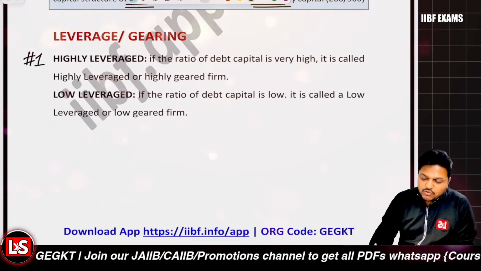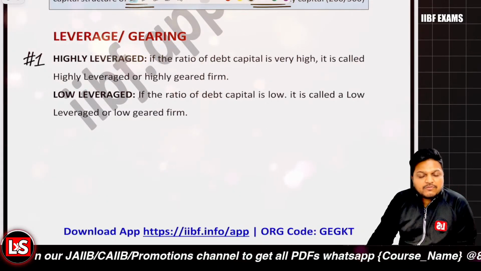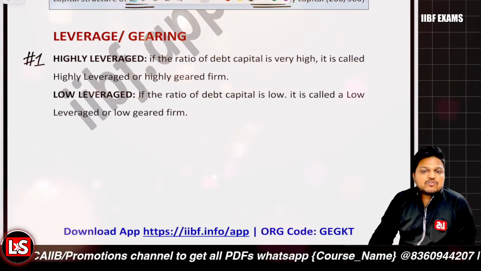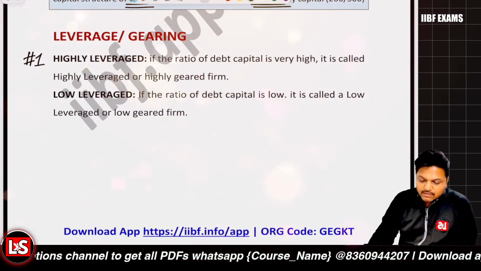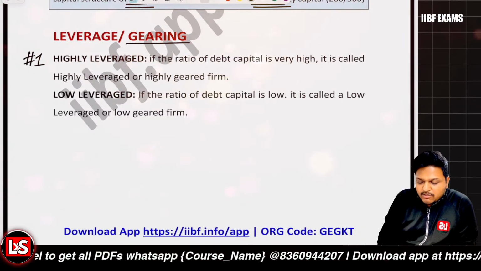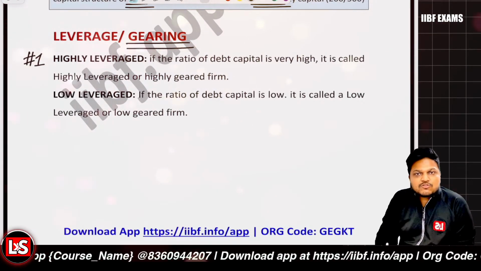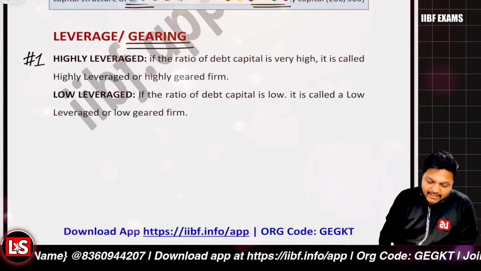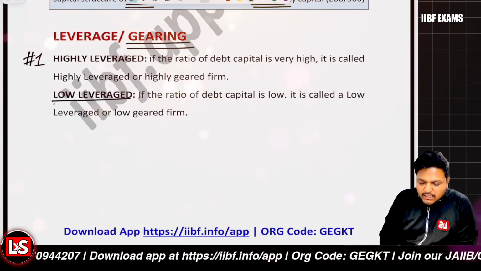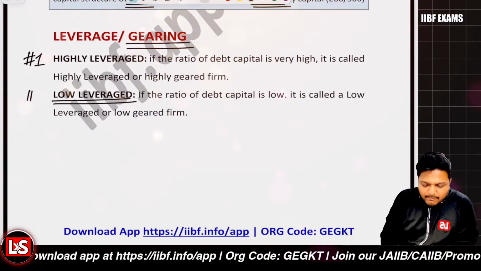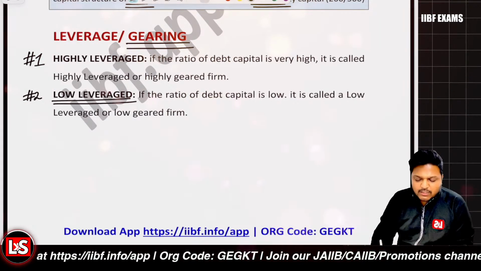If the ratio of debt capital is higher, we say it is a highly leveraged or highly geared firm. Is it more risky or less risky? Yes, it is more risky. The more the leverage, the more the risk associated with it. And low leverage means the equity component is more but the debt component is lesser, then we say it is low leveraged.